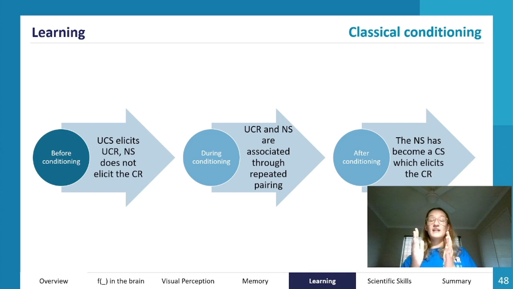After conditioning, the neutral stimulus, our bell, which didn't even mean anything at first, becomes a conditioned stimulus, which is the neutral stimulus after conditioning has occurred. After we've learned to associate a particular response with it, it elicits the conditioned response, which is your learned reaction to the conditioned stimulus.